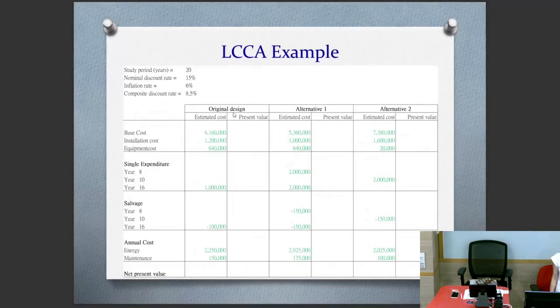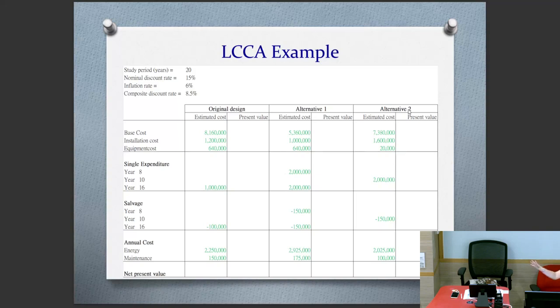So here is the example. It is not related to the previous example. So another example. Let's say the study period is 20 years, and it means that we assume these original design, or maybe we have alternative 1, alternative 2, the life cycle would be 20 years.